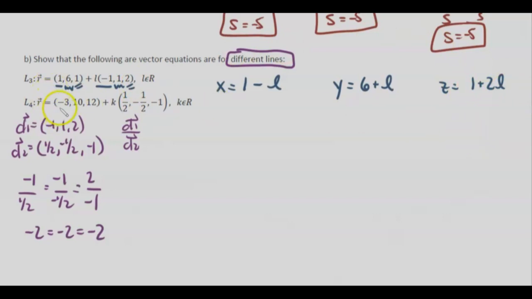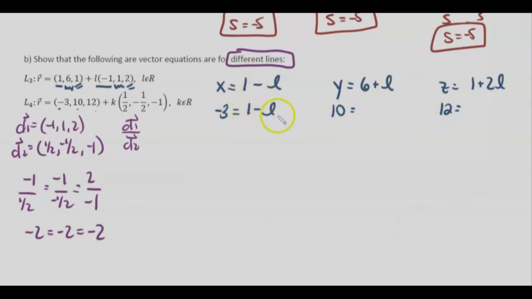And let's go ahead and sub in -3, 10, and 12 and check if there's some parameter L that we can sub in to get -3, 10, 12.